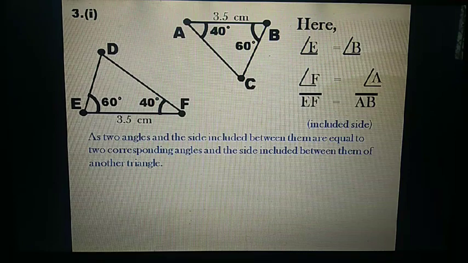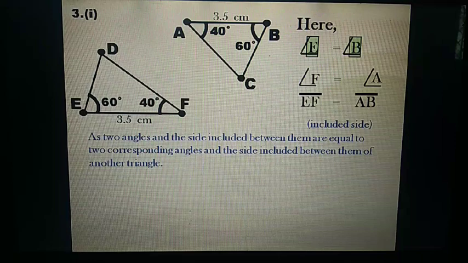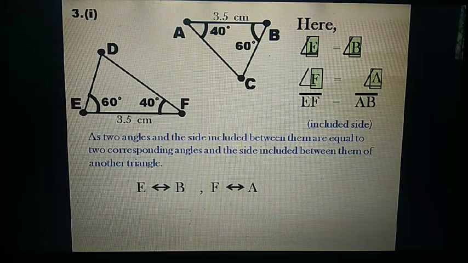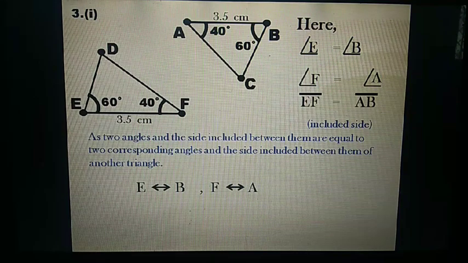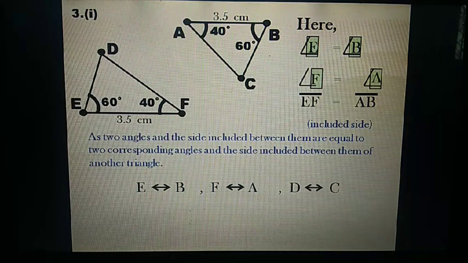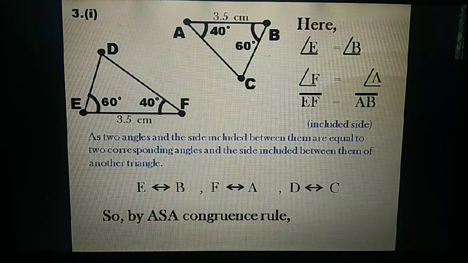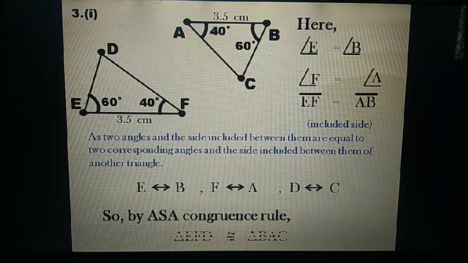Now you will find the corresponding vertices here. As per the angles given to you, the first one, E, will correspond to B. Next, F will correspond to A, and the left over alphabet in the first triangle is D. In the second triangle it's C. So D will correspond to C. Now by using these corresponding vertices, we will write the symbolic form by the ASA congruence rule.